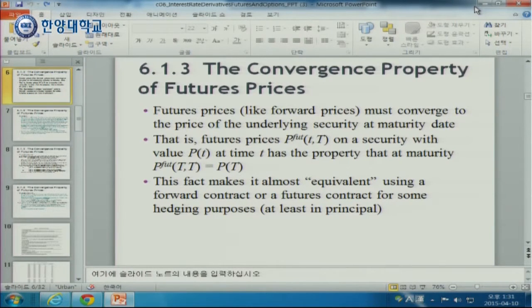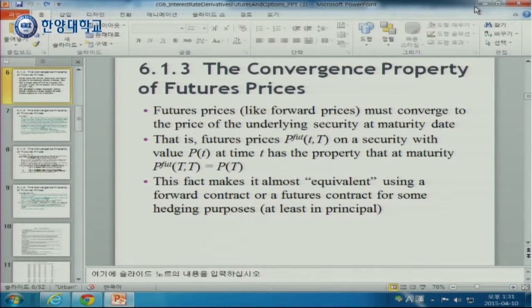Any other question? Like a stock, for example KOSPI 200. Of course, interest rate and the stock market are sometimes correlated, but the correlation is weak.